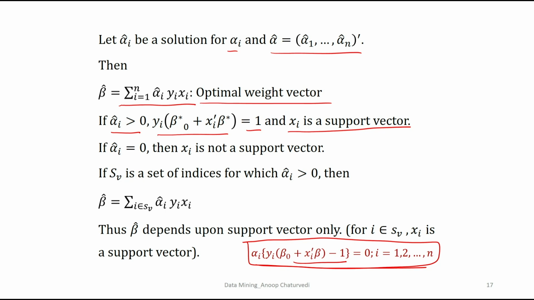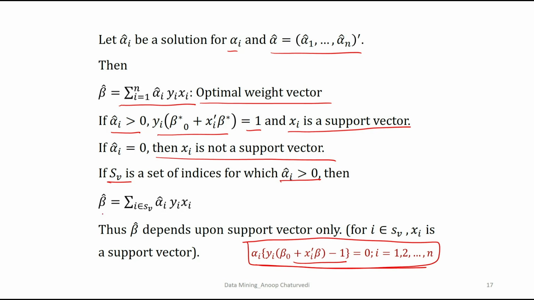So, in that case xi is a support vector, and if alpha i hat is equal to 0, then this term automatically becomes 0 and xi is not a support vector. Now, suppose SV is a set of indices for which alpha i hat is greater than 0, or you can say that SV is the set of indices corresponding to the support vectors.